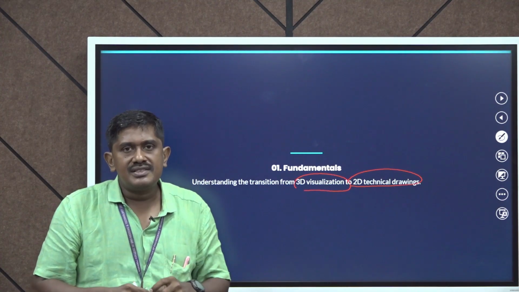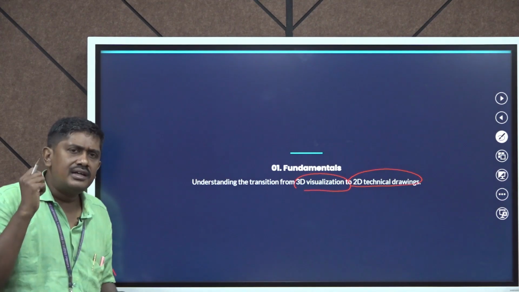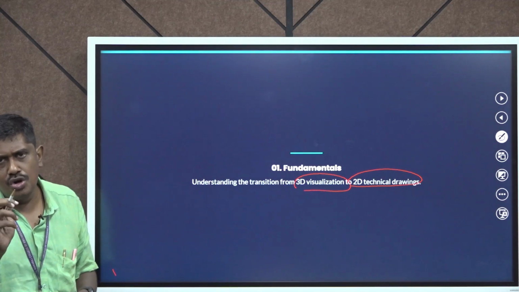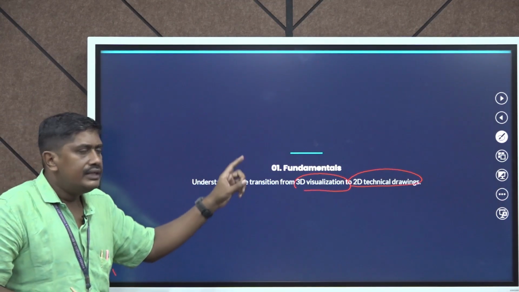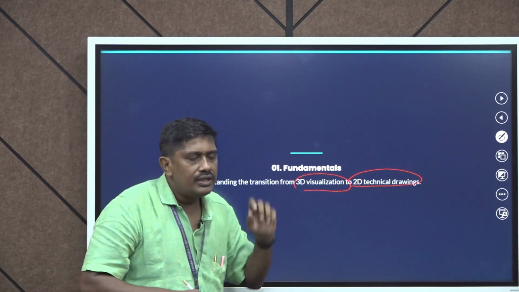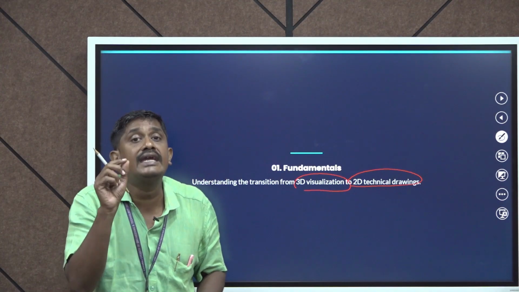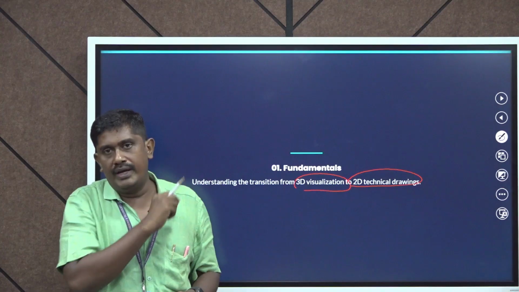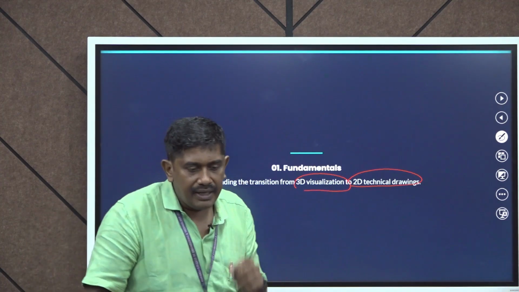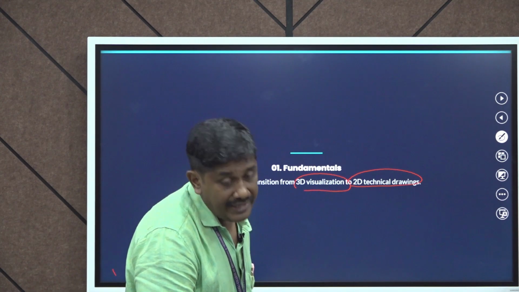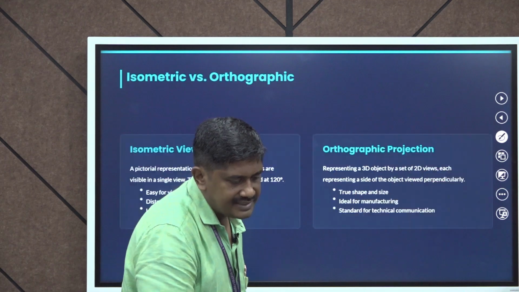So, to bridge this, as a design engineer, we should know how to go from 3-dimensional to a 2-dimensional technical drawing; not just a 2-dimensional drawing, a technical drawing is required. How it can be varied, we will see on the next slide.